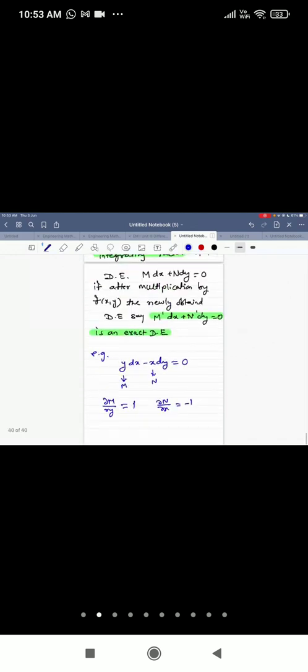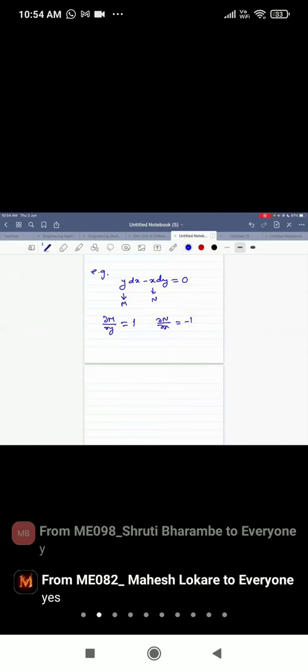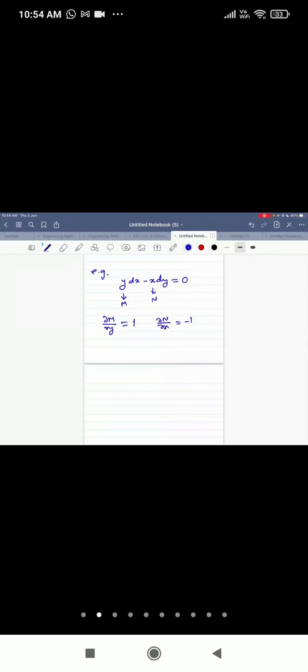Maybe you have prepared it for JEE or in 12th. Was it there in the 12th standard syllabus? We will discuss it later on. Okay, we'll discuss it, no problem. This form also you have done. The exact form also you have done. Exact differential equation, have you done?